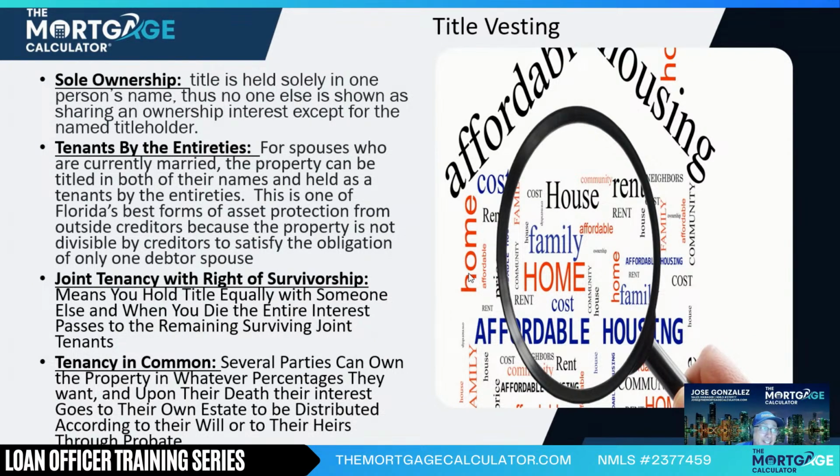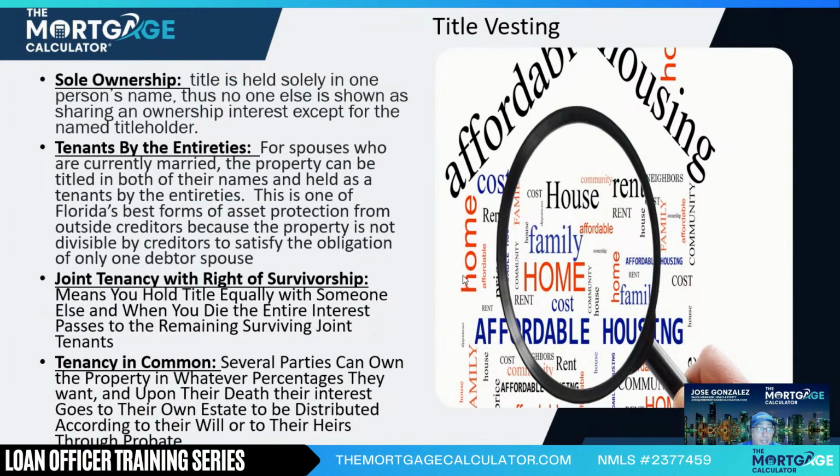Now, joint tenancy, or joint tenants with right of survivorship, is also another common title vesting for two people, usually married, that want the title to revert to only one should the other one die.